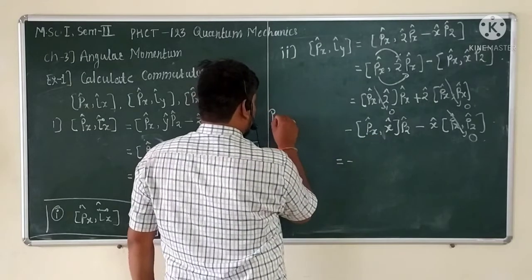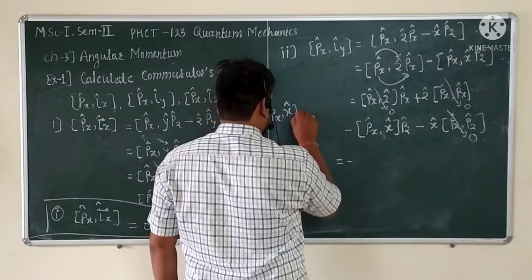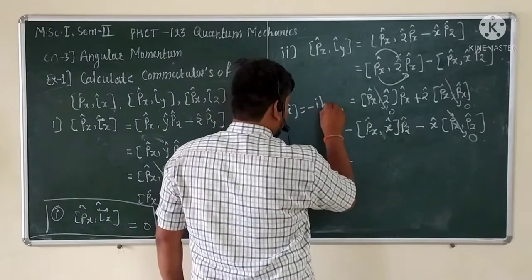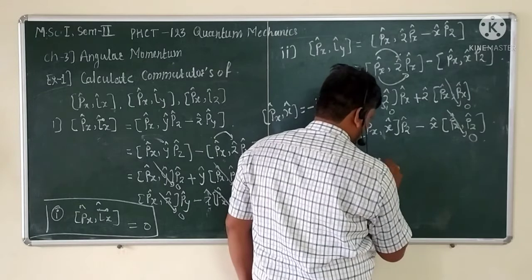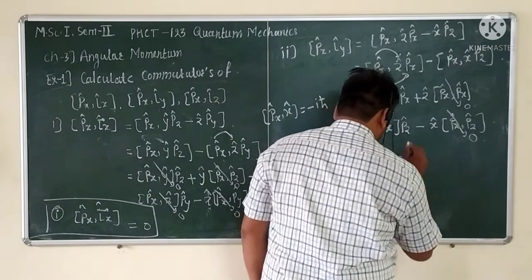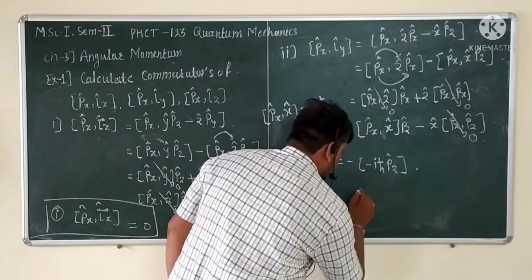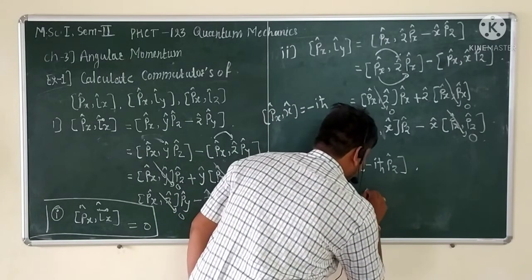We have to know that [px, x], this commutator bracket result, is minus iħ. So this is taken as minus iħ, and outside of this pz, so that your final result takes place here, that is the iħ of pz.